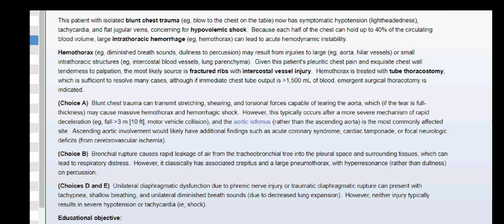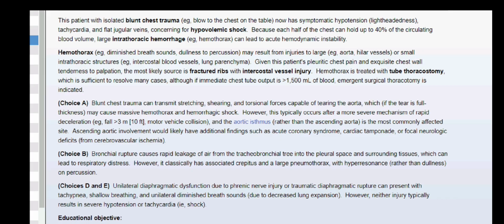We see here this patient has isolated blunt chest trauma, be careful, meaning a blow to the chest on the table, but now has hypotension, tachycardia, flat neck veins. So this is hypovolemic shock.